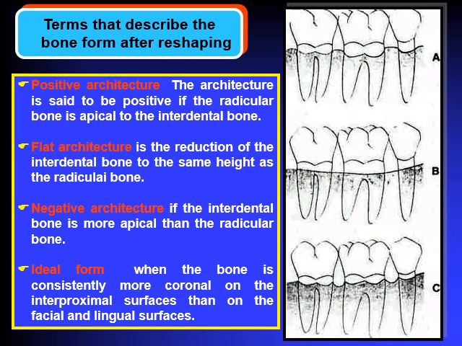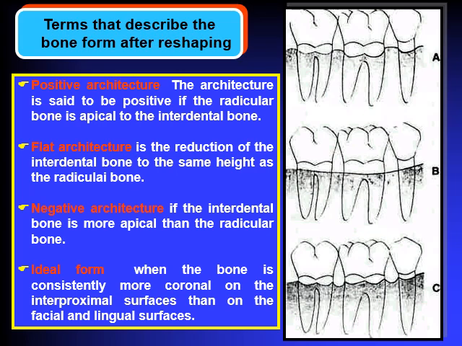Now, what are the terms that describe the form after your reshaping? Positive architecture: the architecture is said to be positive if the radicular bone is apical to the interdental bone. While negative architecture, as in C, is when the interdental bone is more apical than the radicular bone.